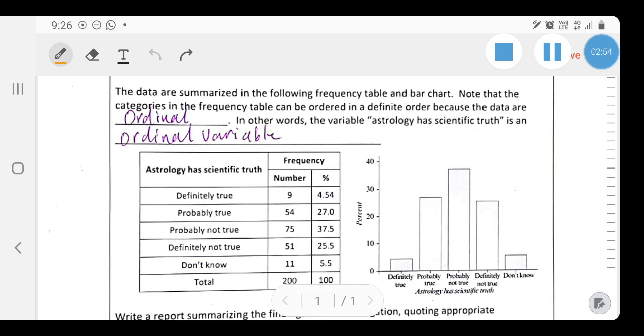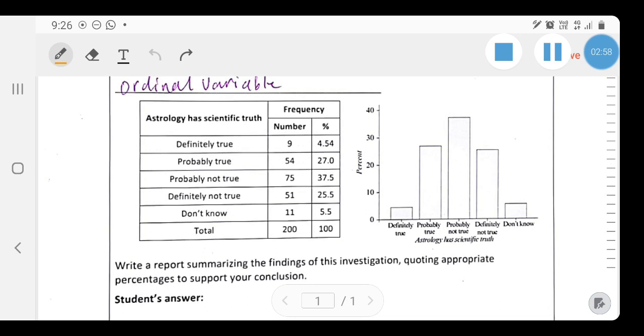So let's have a look at these diagrams right here. Normally I actually get the class, just out of sheer curiosity, to do a survey, no judgment or anything, on this particular question, because it's really interesting to compare a typical class's results to this result. This was a survey done on 200 people.